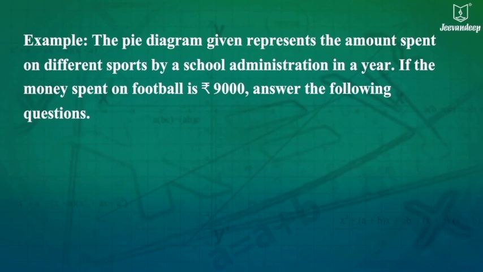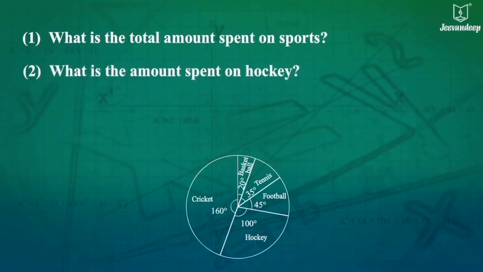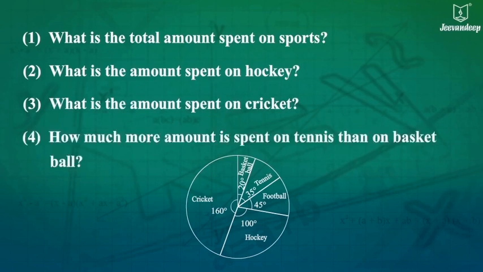If the money spent on football is 9,000 rupees, answer the following questions. 1. What is the total amount spent on sports? 2. What is the amount spent on hockey? 3. What is the amount spent on cricket? 4. How much more amount is spent on tennis than on basketball?